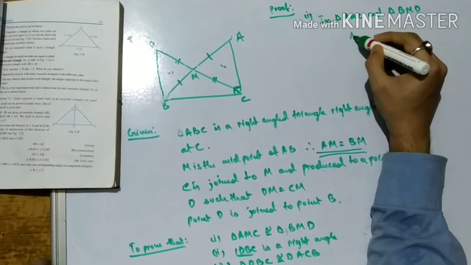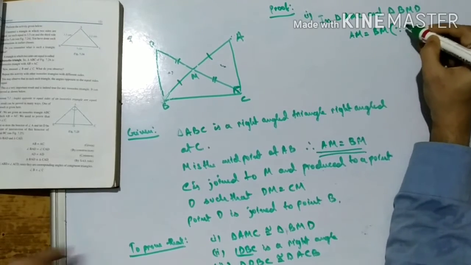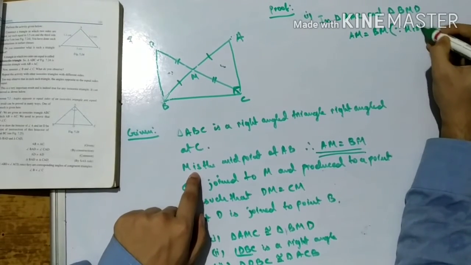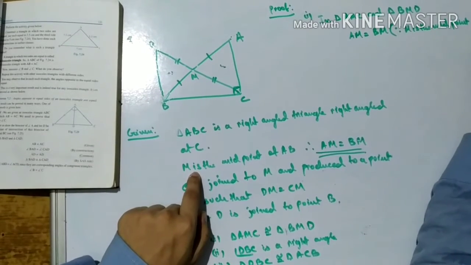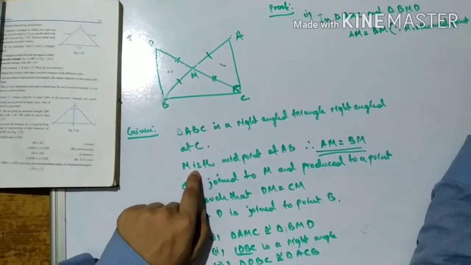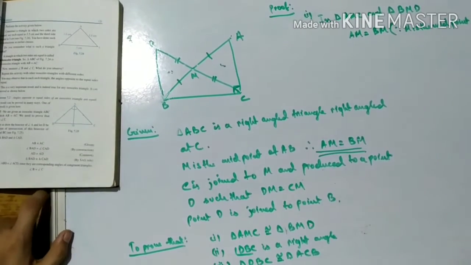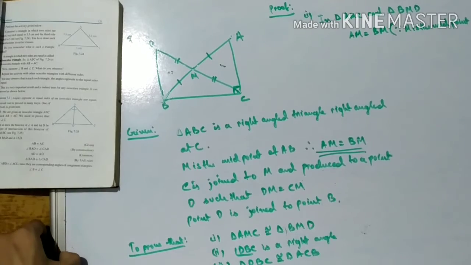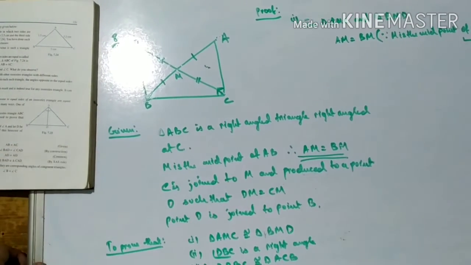Yes, I can write AM is equal to BM. Why? Since M is the midpoint of AB, and this will be our equation number 1.